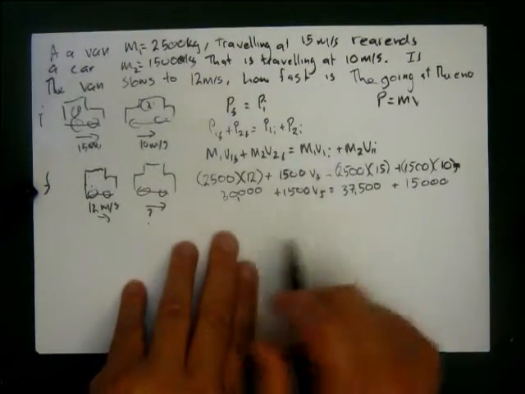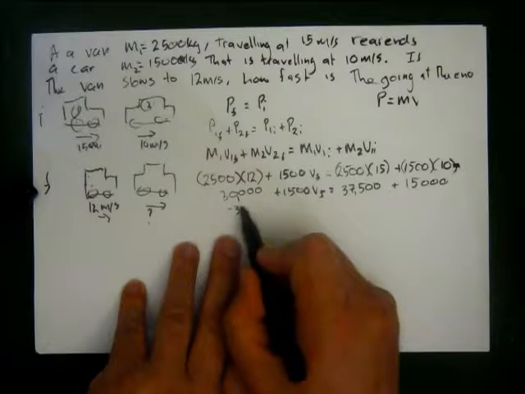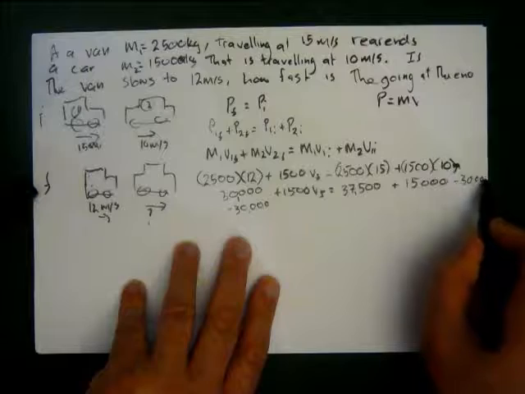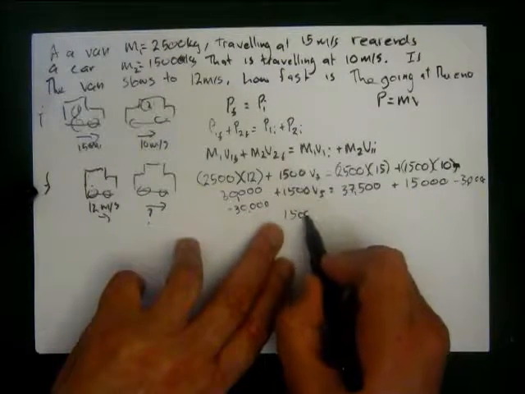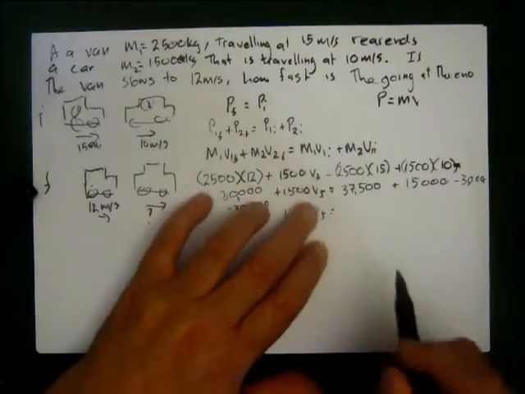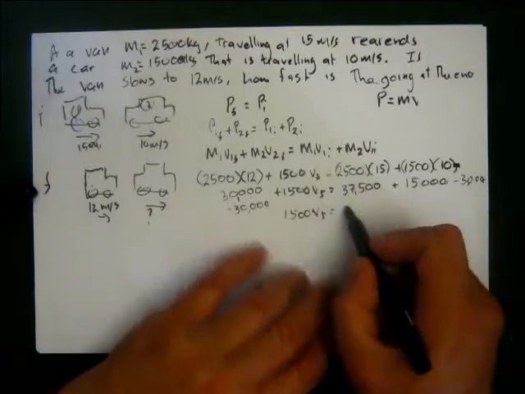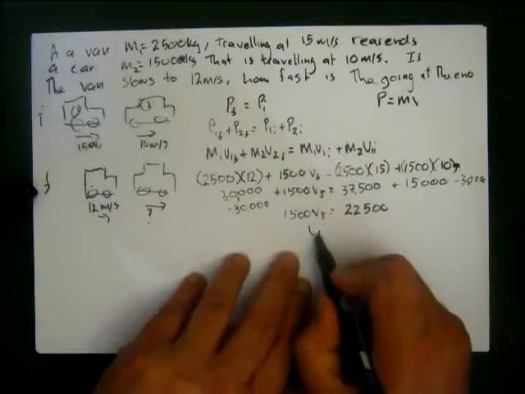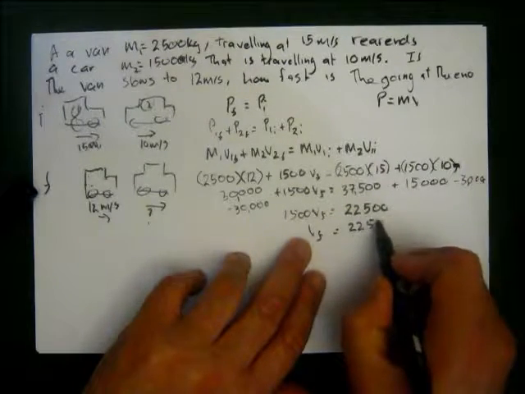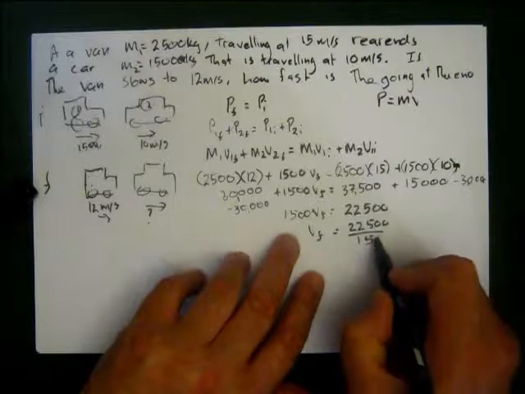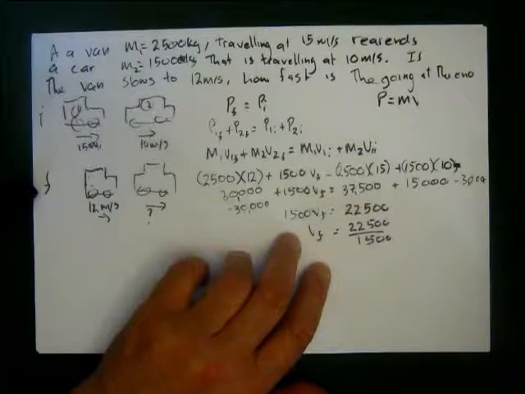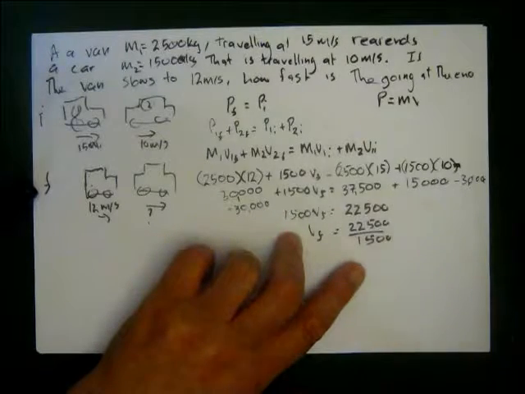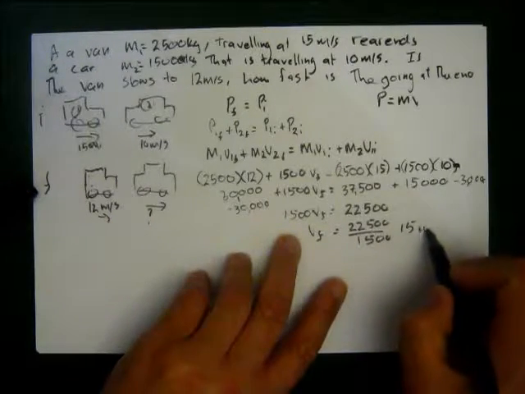So we subtract 30,000 from each side. So 1500 VF equals 22,500. So VF equals 22,500 divided by 1500, which equals 15 meters per second.